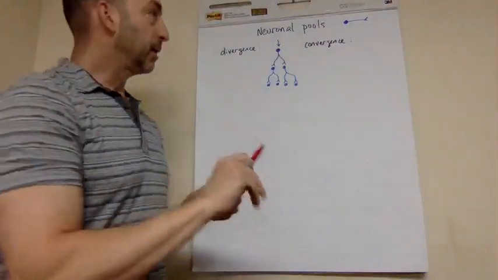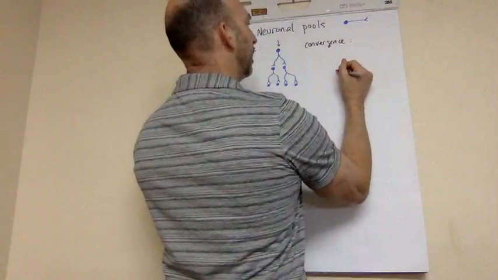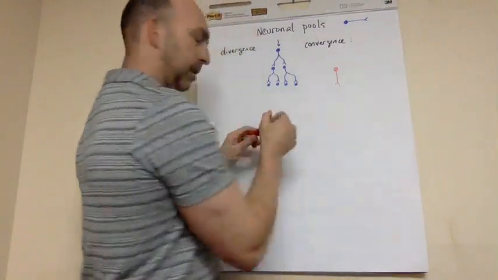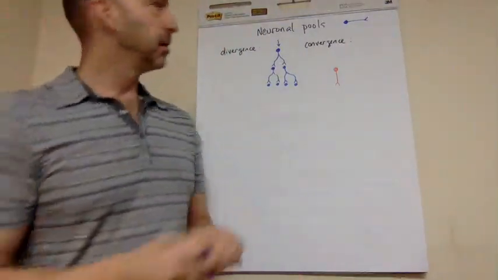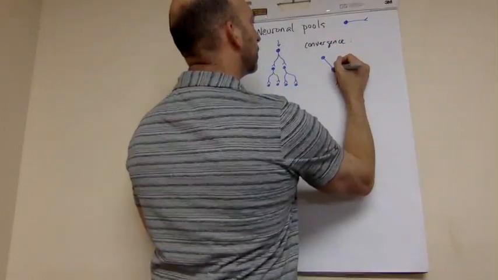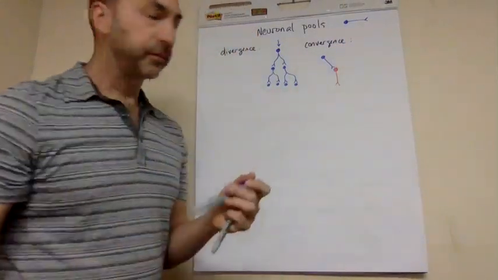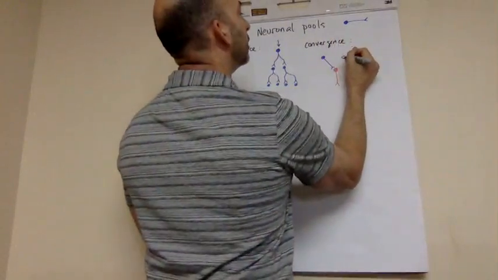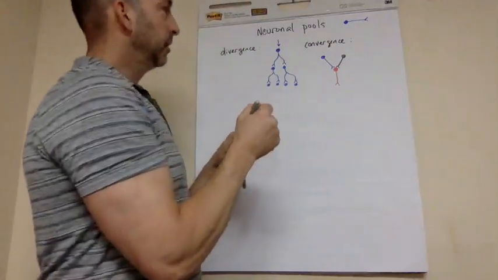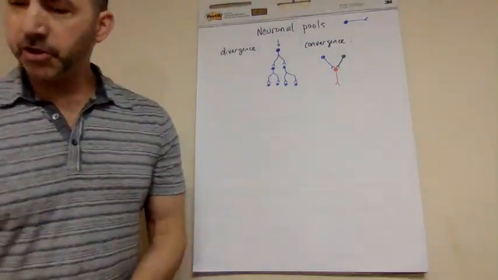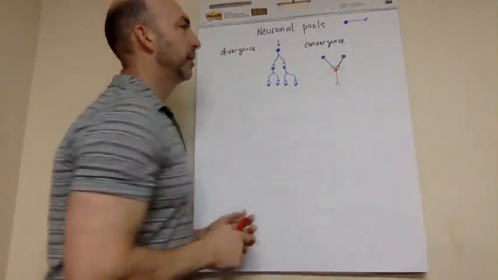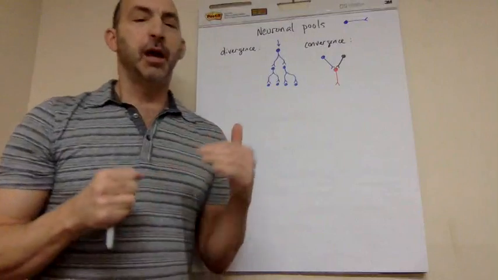And so in convergence, we have something that looks like this. I'll use different colors here. Like so, right? The information coming from these two neurons is converging on this one. This is a very simple example of convergence.